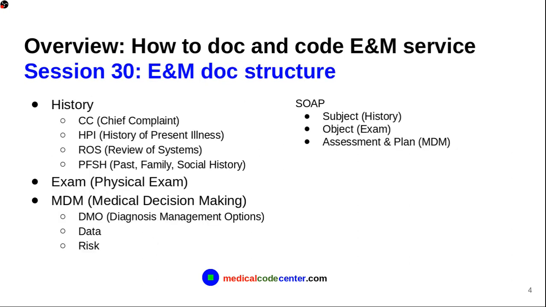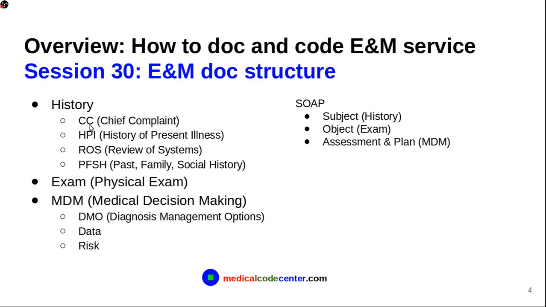So next we are talking about the E&M document structure. Basically for E&M you have three sections: history section, exam section, and MDM section. The history section has the following subsections.